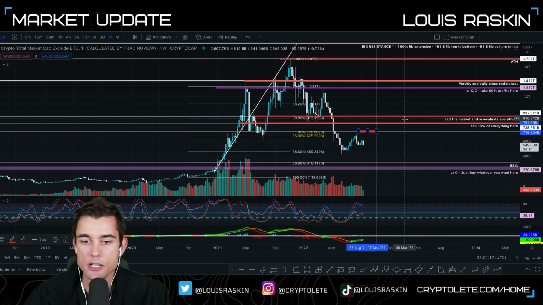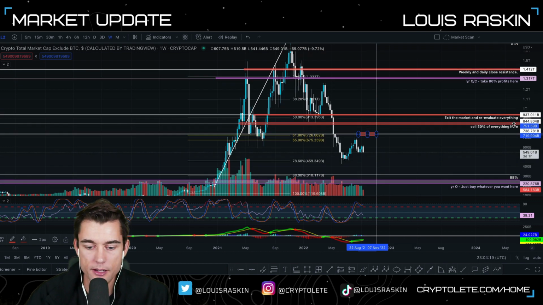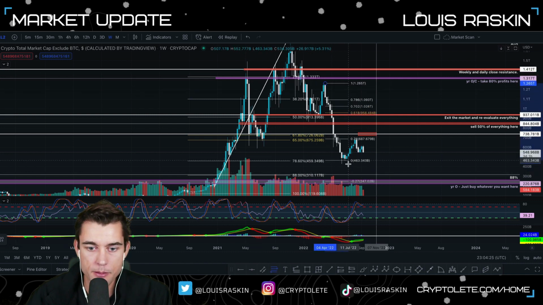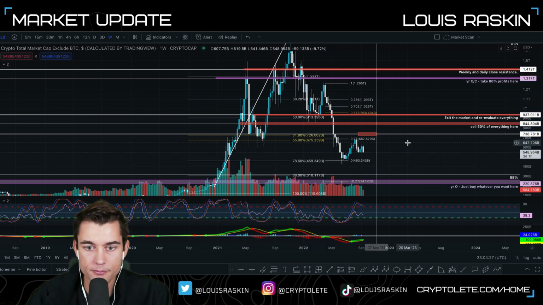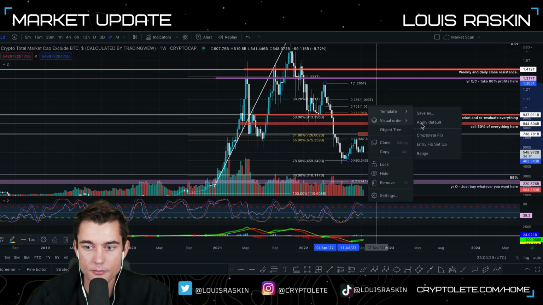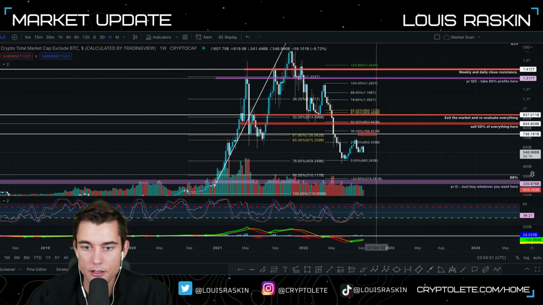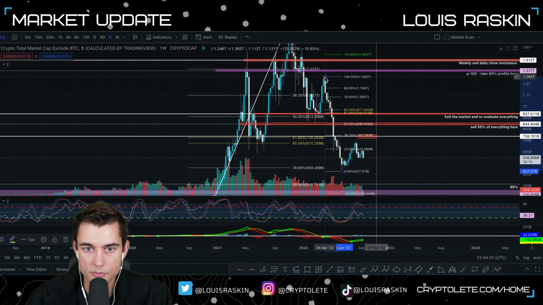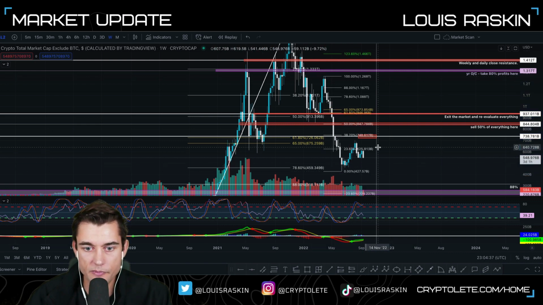It's crazy. So we have this, and let me check this out. If you take the fib from this top to this bottom, this did not even come up to the fib. It came out to a weird level before it retraced.